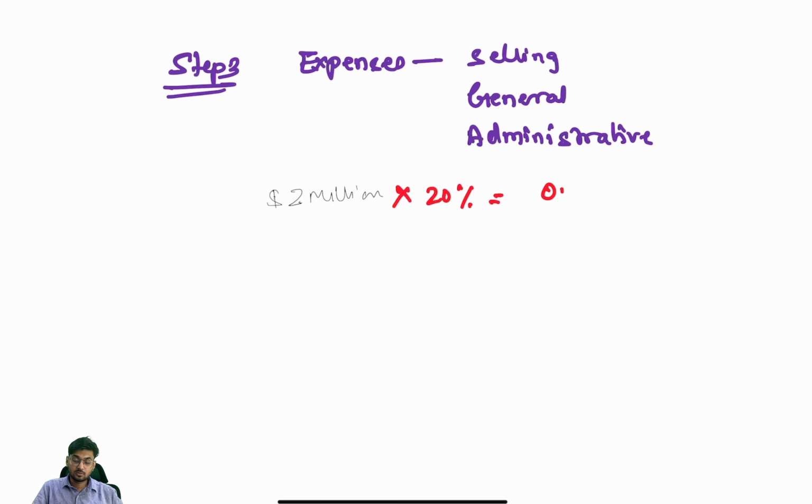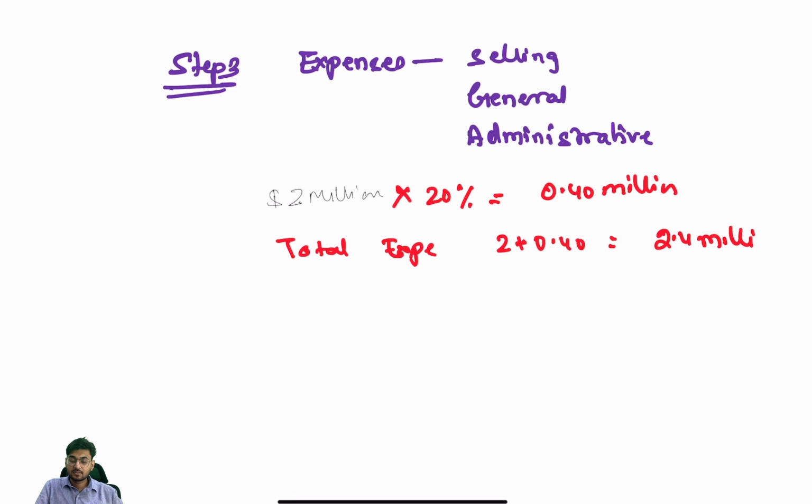It is $0.4 million. So what is my total expenses? Previous 2 million plus 0.40, that is $2.4 million is my total selling, general and administrative expenses. Clear?